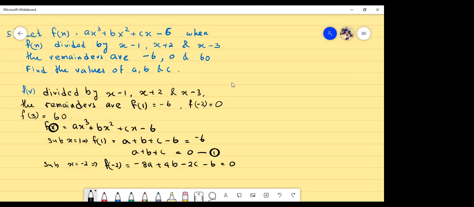Then we can divide by 2: minus 4a plus 2b minus c equal 3 is the second one.